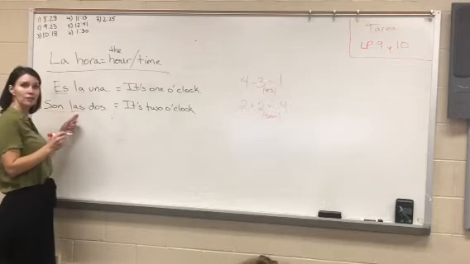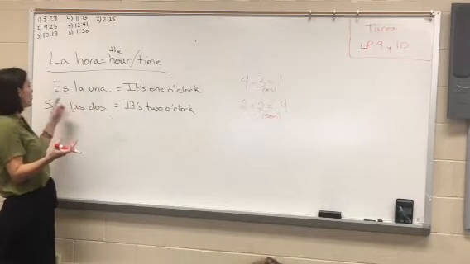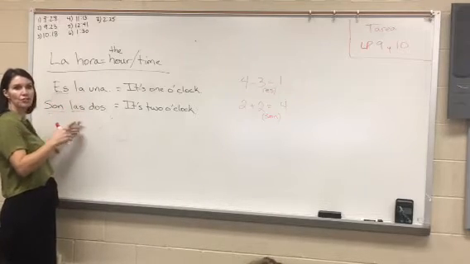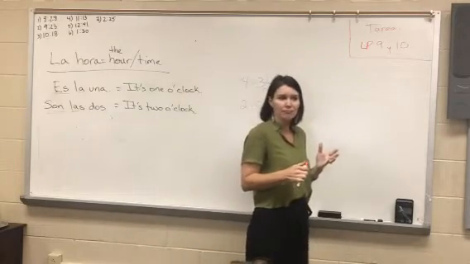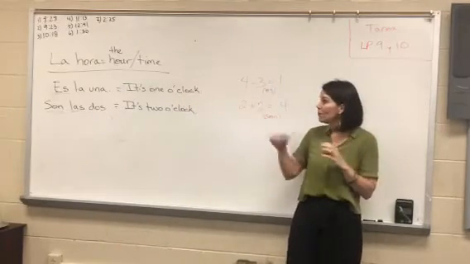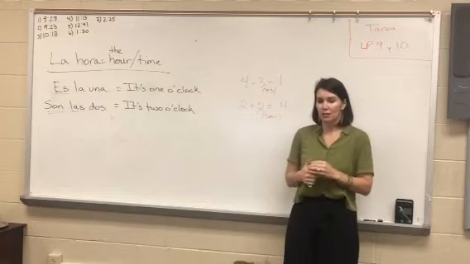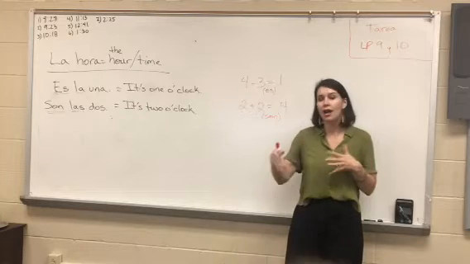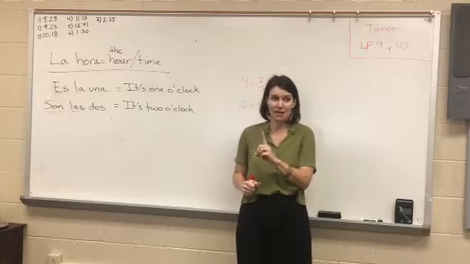Las is talking about 2 or more, so it's plural. Okay? So es la una is just 1, son las dos is 2, or son las tres is 3, or whatever. That makes sense, right? So I wanted to really point that out, because that's going to trip up a lot of people if you don't know. So typically when you're giving the time, you're going to say son las, but when it's 1, you just say es la.